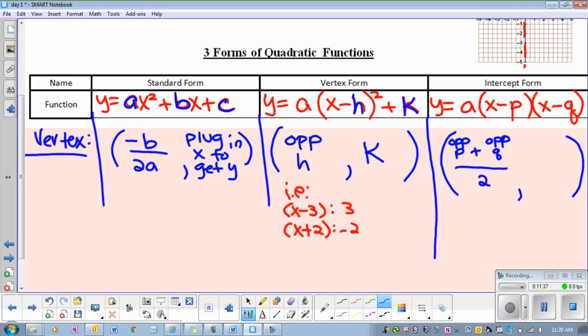What I mean by opposite p and opposite q is that if it said x minus 3, then what p number are you using? 3. And if it says x plus 2, then what q number are you using? Negative 2. It's because there's a minus sign in front of it. So when you're bringing it out of the intercept form, just think opposite of that number. Divided by 2, that gives you your x value. Then just plug it in. That gives you your y.